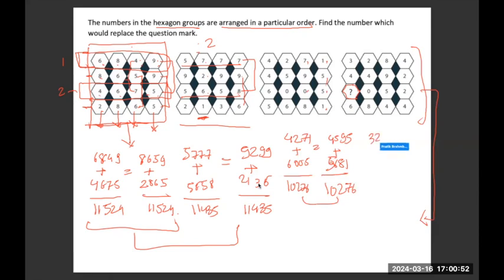So 3284 plus x. I'm just writing x as a number. Let me write it in a linear manner, since that was confusing. In the other case, it was fine.